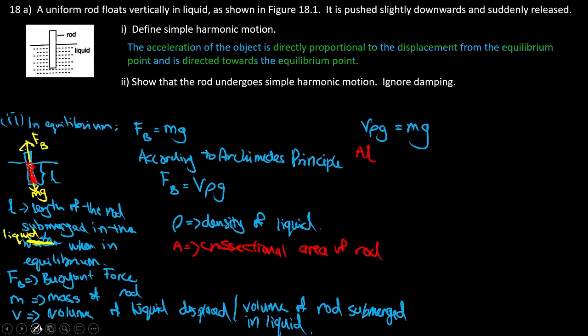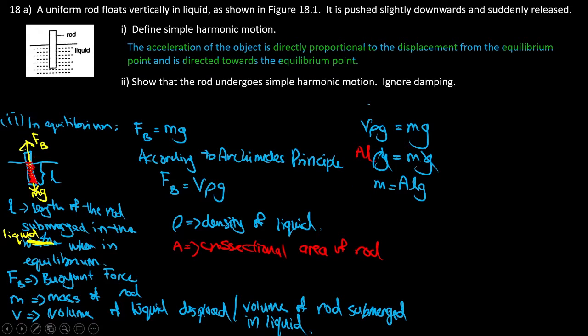So this equation now becomes A L rho g equal to mg. Eliminate g, and you will get m equal to A L rho. So this is your new equation.